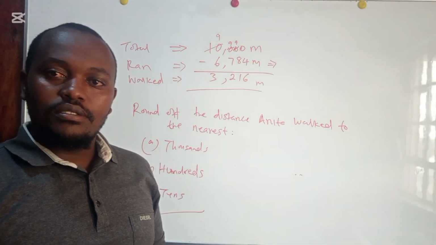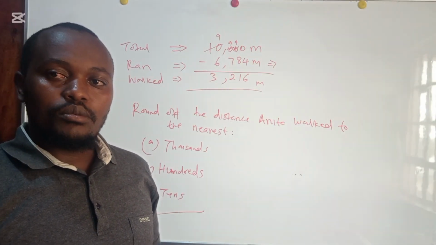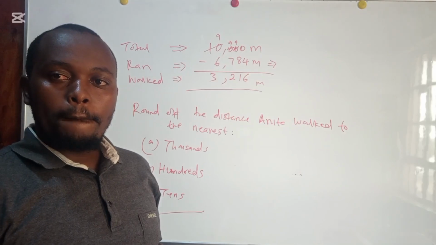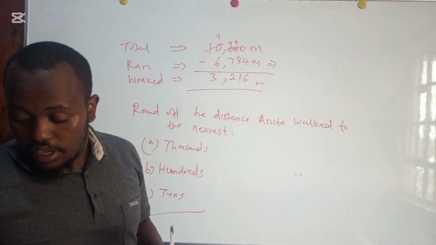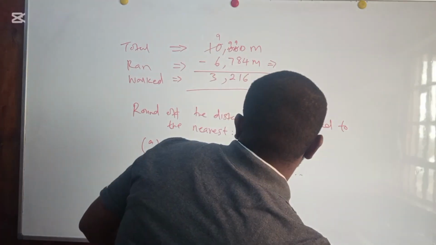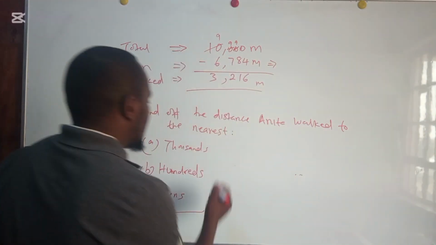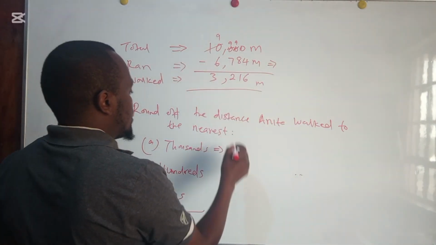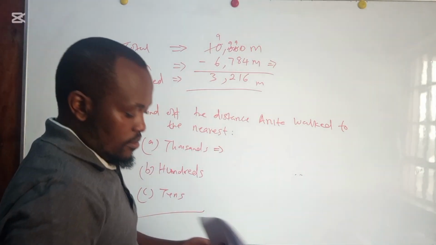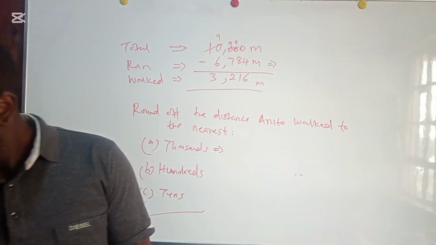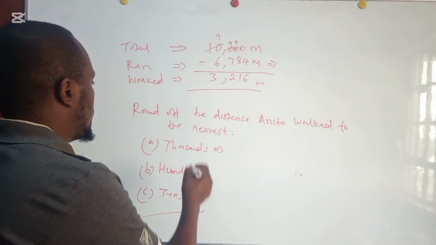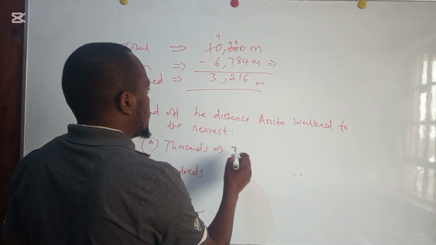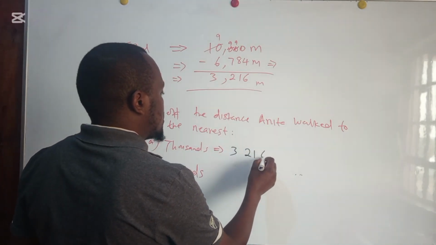You can pause the video and then unpause and watch my working. Good. So I'll assume you have attempted already. So to the nearest thousands, you write this number. This is 3, 2, 1, 6.